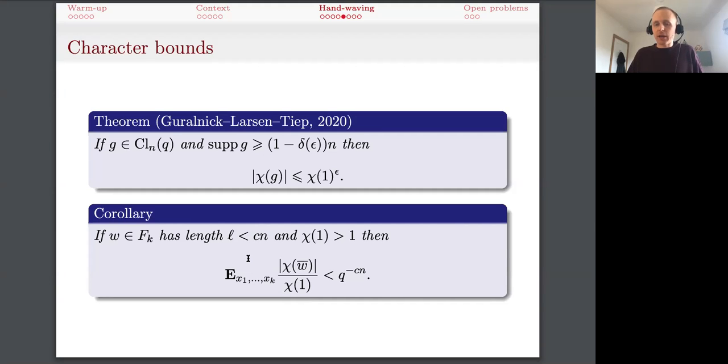So either the support of the word is small, but we prove that that has exponentially small probability, so that's not important. And the other case is that the support is large, in which case the character bound says that the character value is very small. So we deduce that the expected value of this character ratio is exponentially small.